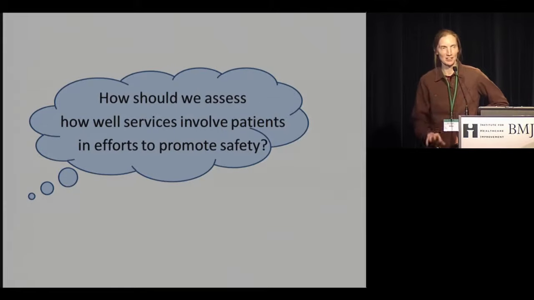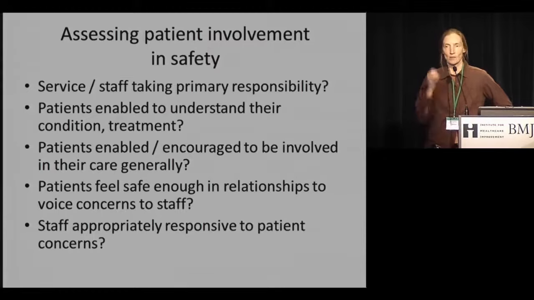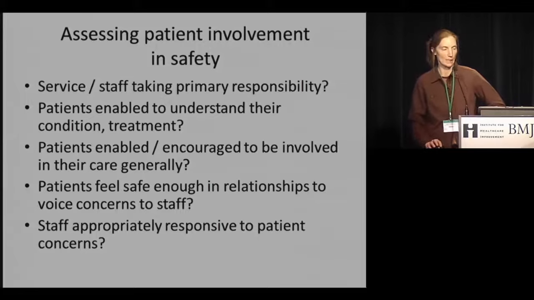I think the main message is, don't worry about all of these things. I think they are relevant, but we need to be attending to the broader context. It's not just the safety culture and whether there are posters explicitly encouraging people to speak up and get involved. We need to be looking at a broader range of ways in which services generally support and enable people to get involved in their care.